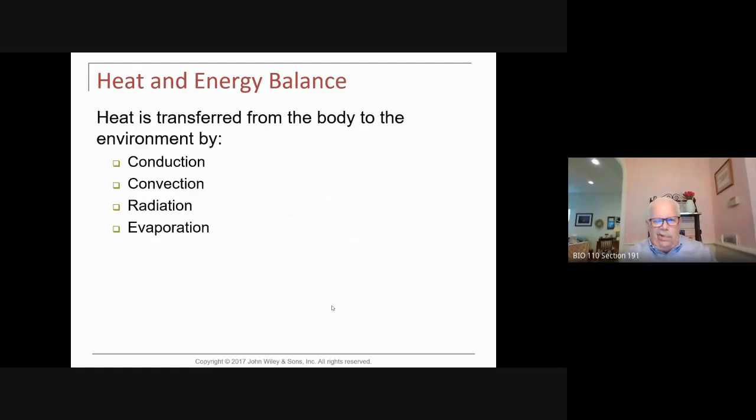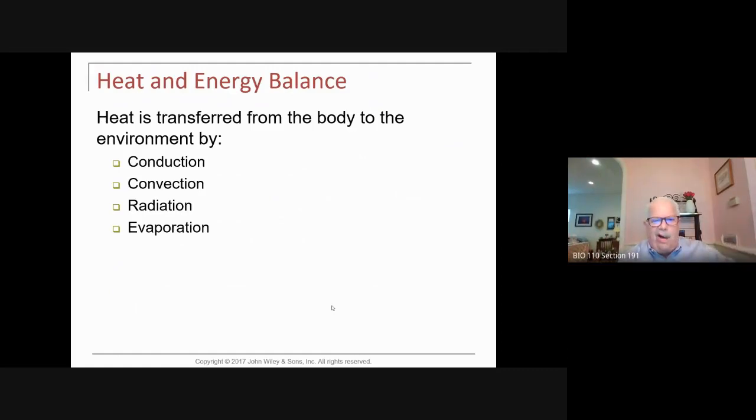I want you to know these four words: heat transfer. How does the body transfer heat? Conduction. Conduction is from one cell to the other. They touch each other. Convection is by the air.